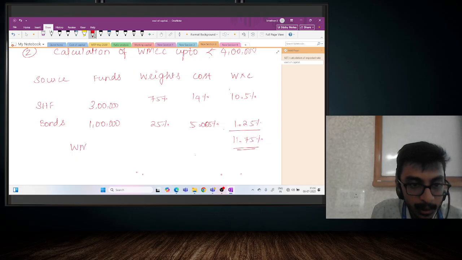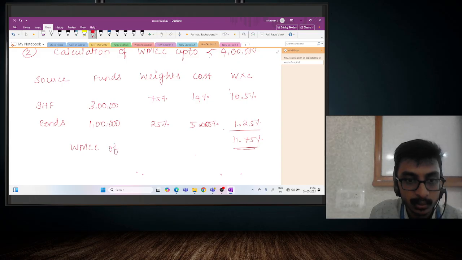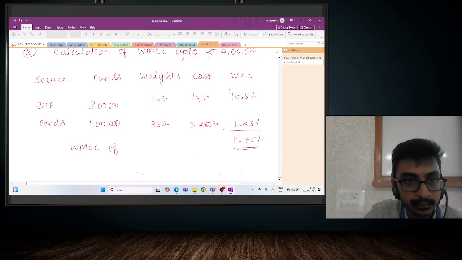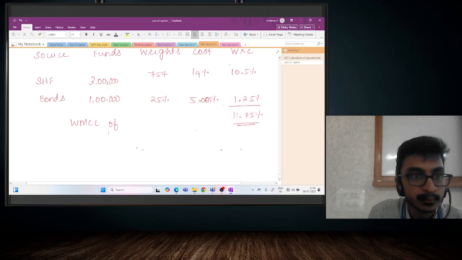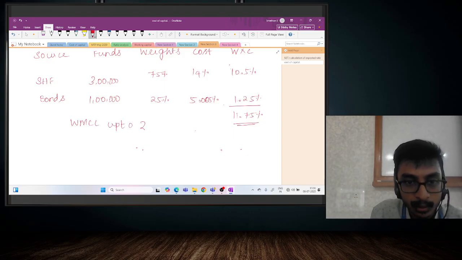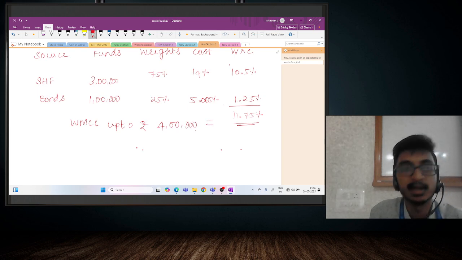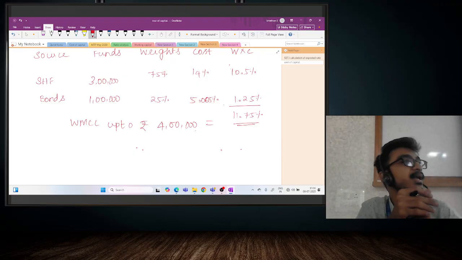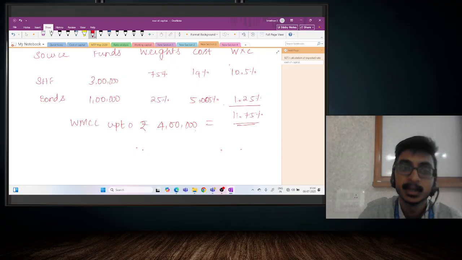So the weighted marginal cost of capital up to rupees 4 lakh of additional finance is equal to 11.75%. Is this clear? Any doubt so far?